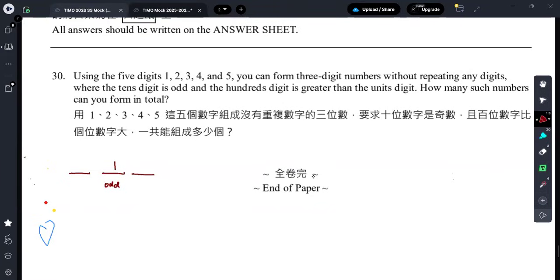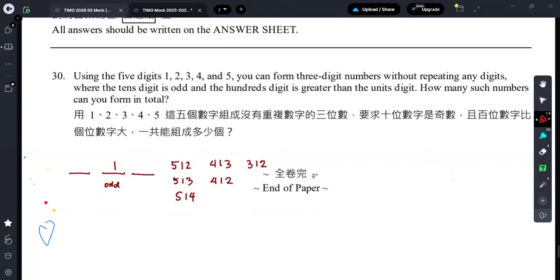We have 5, 1, 2; 5, 1, 3; 5, 1, 4; 4, 1, 3; 4, 1, 2; and 3, 1, 2, and no other if the digit is 1.